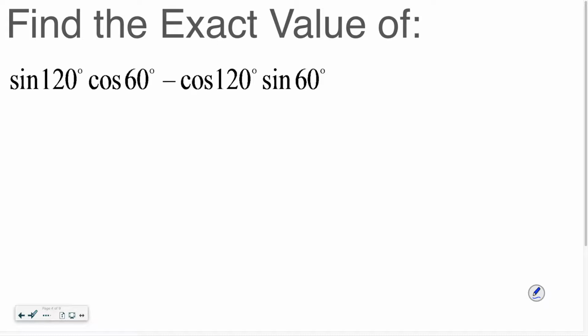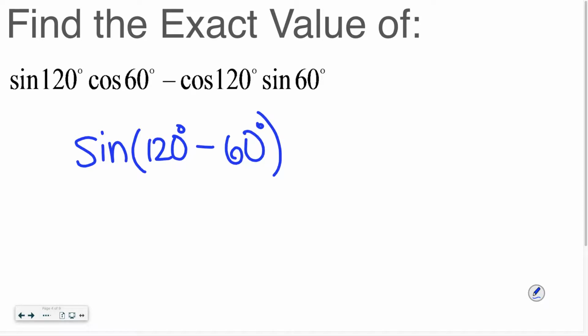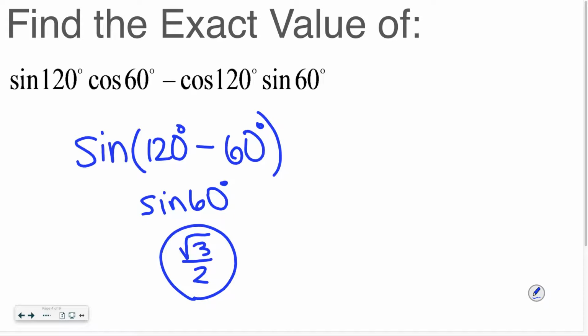This is the same thing as the sine of u minus v. So really what we're looking at is the sine of 60 degrees, which is radical 3 over 2.